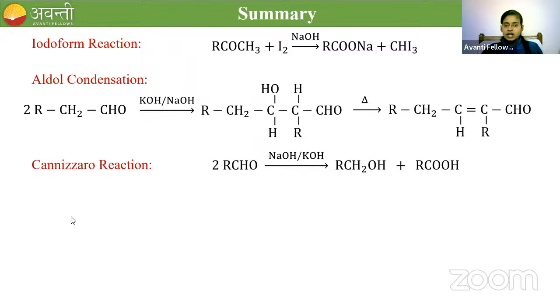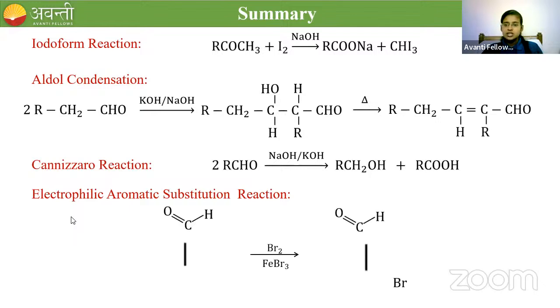Later we entered the fifth reaction, which is Cannizzaro reaction, where two aldehydes which don't have alpha hydrogen react. And the sixth reaction is electrophilic aromatic substitution, in which the phenyl ring attached to CHO will give the meta substituted product. Okay, clear?